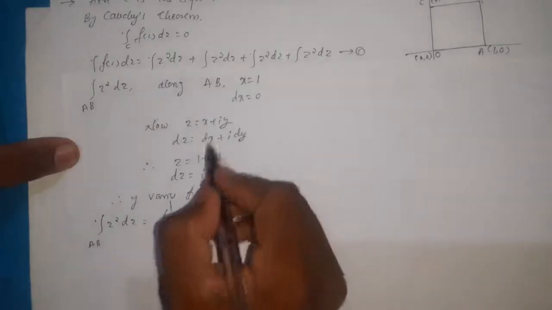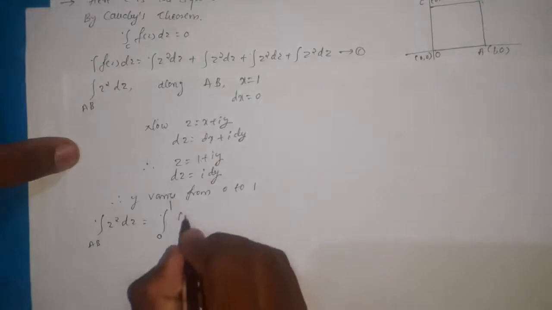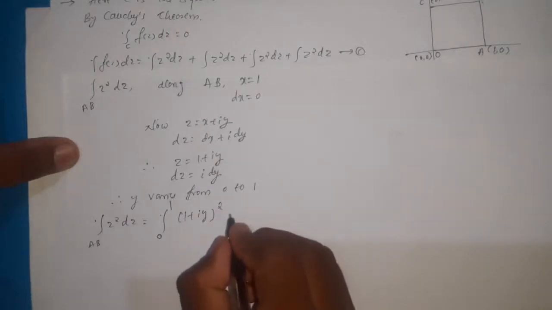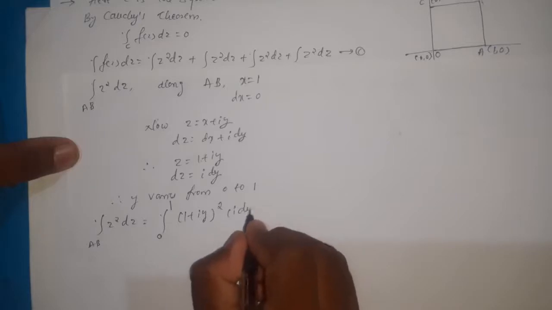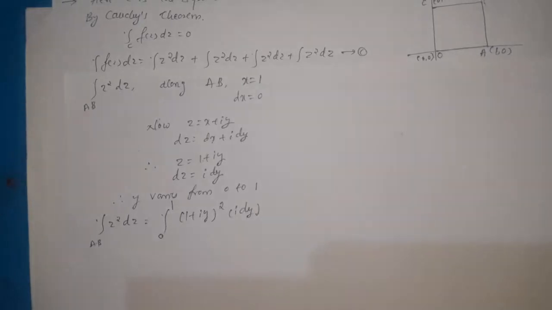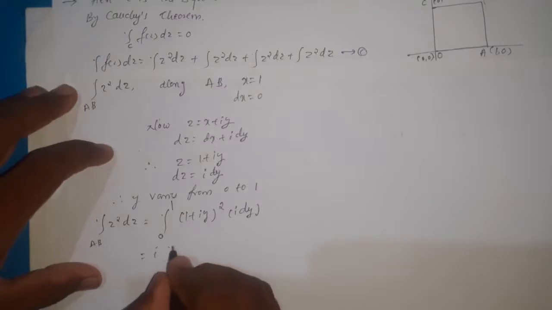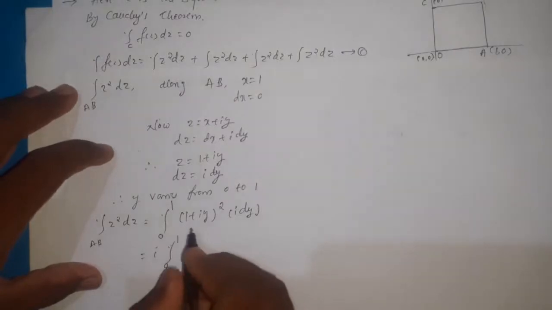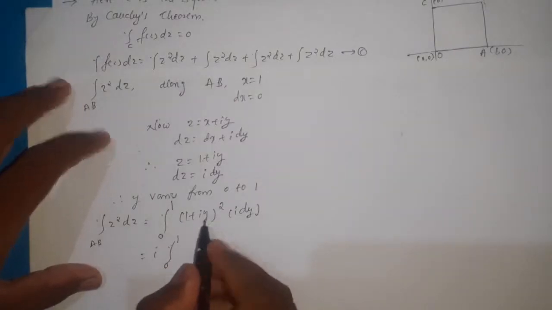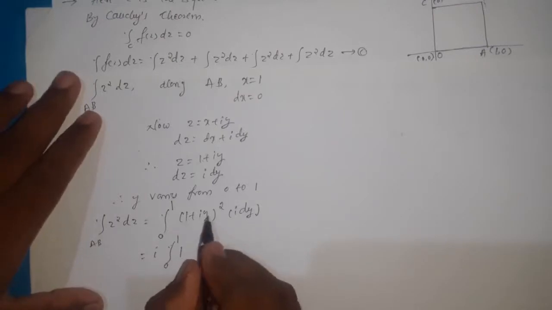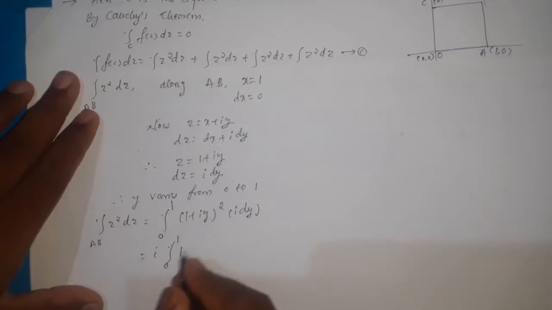z is what? 1 plus iy, that is (1 plus iy) whole square, and dz is i dy. Now here i is constant, taking it outside, then it is integral from 0 to 1. Now let us expand this one, that is a square 1, b square is what? (iy) whole square, and i square is minus 1.